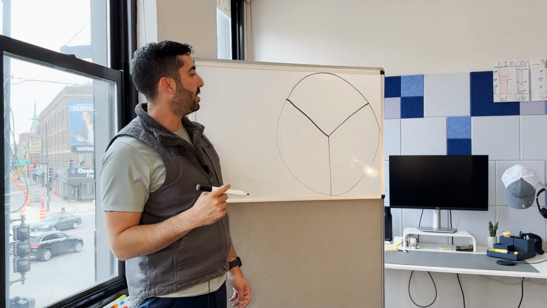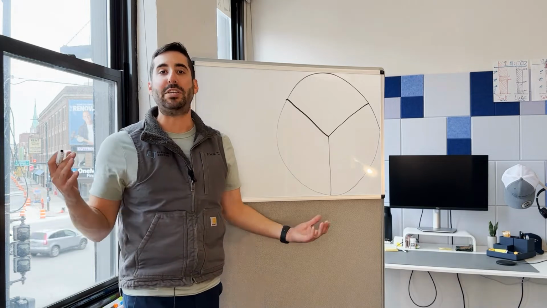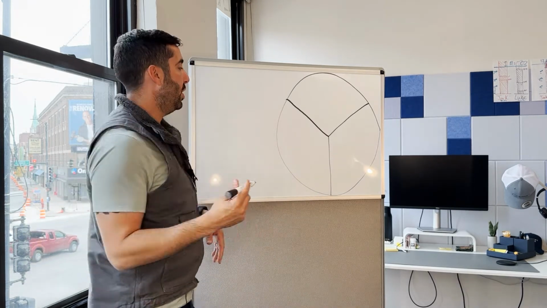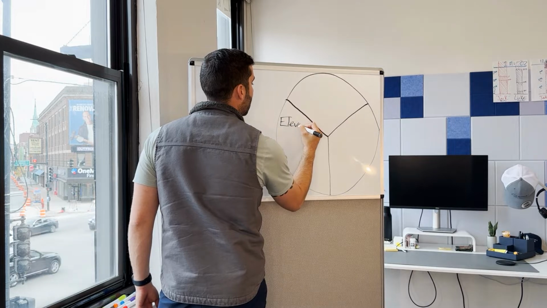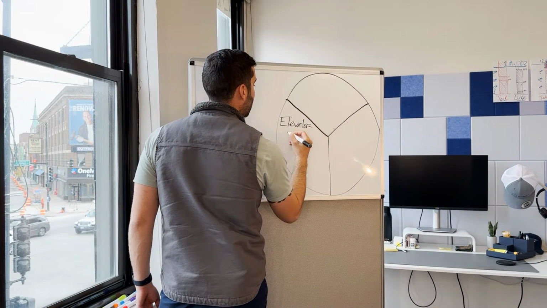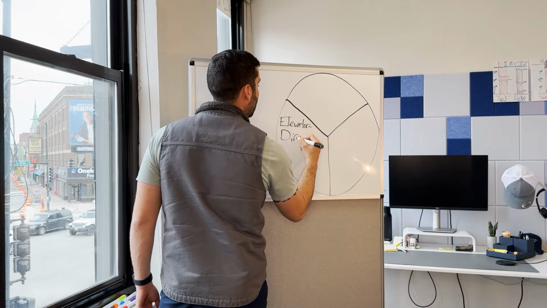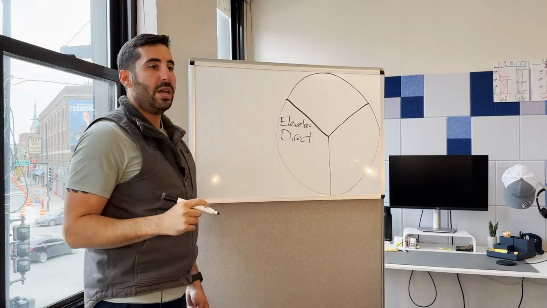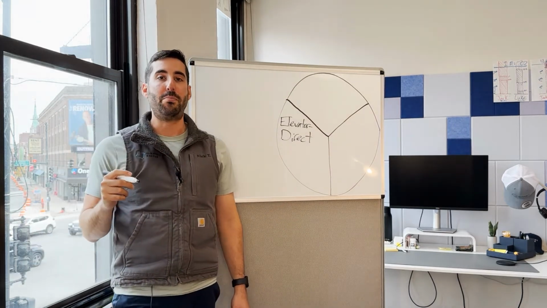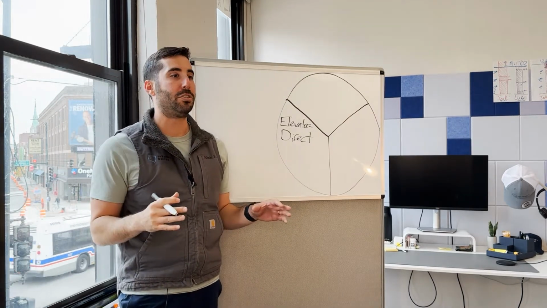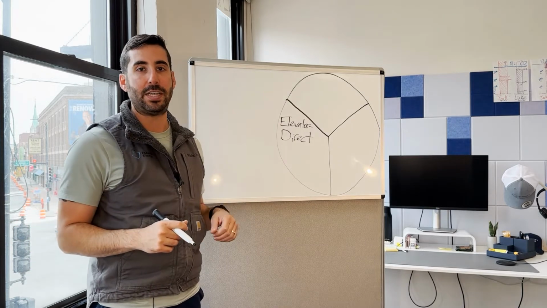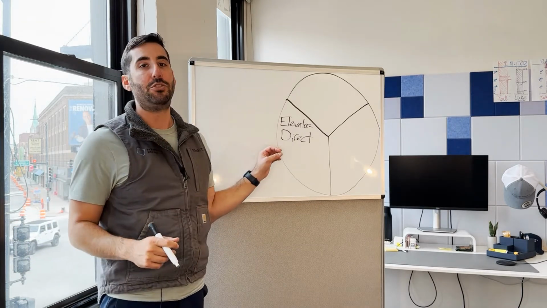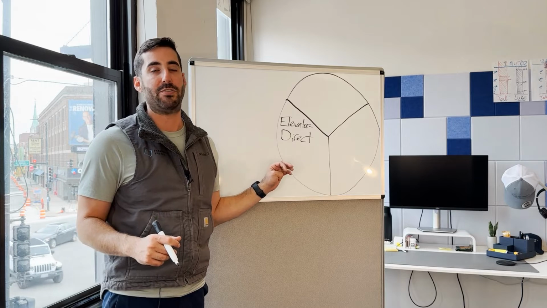So let's start off with the most obvious way to sell your grain, which is elevator direct. Elevator direct bushels are bushels that you should absolutely go to your local co-op, merchandiser, or grain processor and sell directly to them with whatever pricing tools they have available.